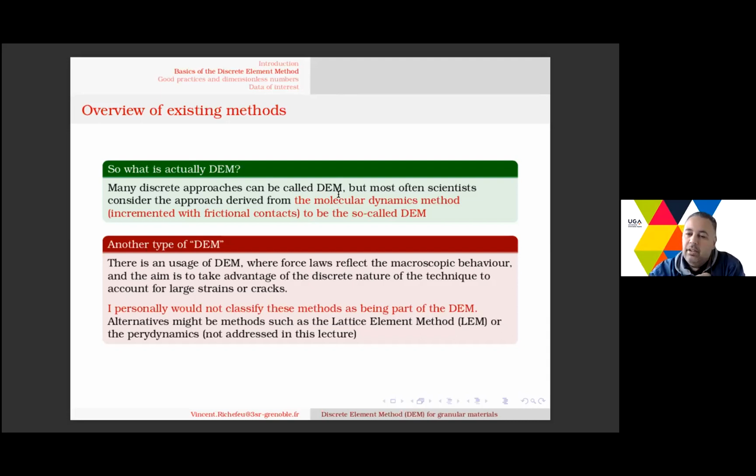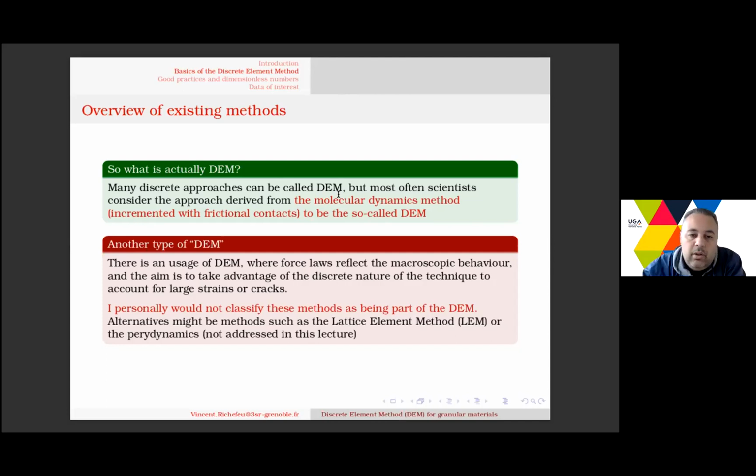And personally, I don't think it's a good practice, because when you model using distinct, rigid elements, a part of the macroscopic response comes from mesoscopic features, from the fabric, from the packing actually, and this is lost in the modeling.